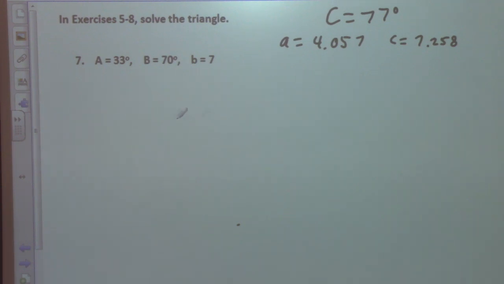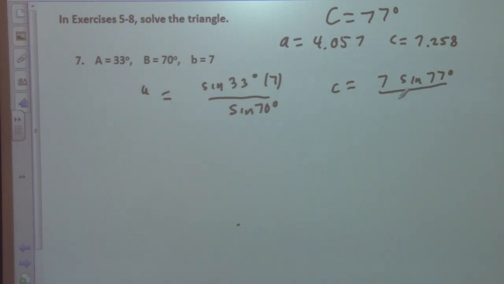And then really what you have is A equals sine 33 times 7 over sine 70, is that right? And C is equal to 7 sine 77 over sine 70, right?